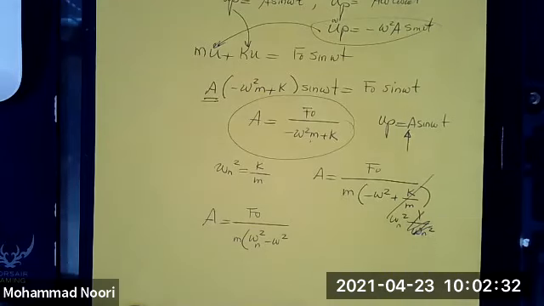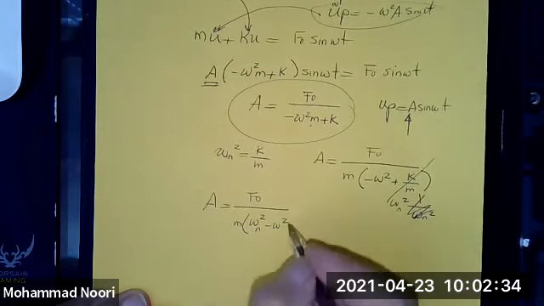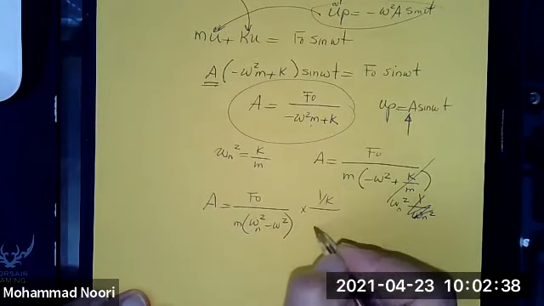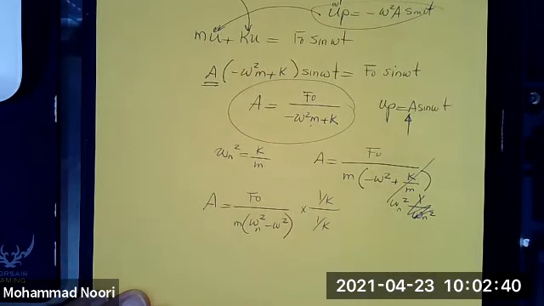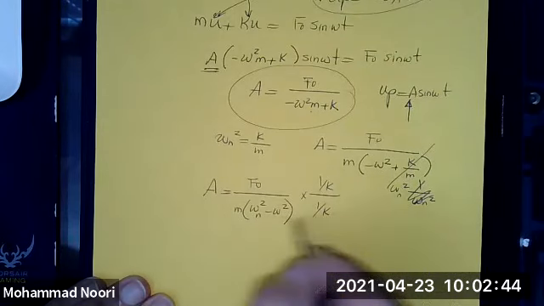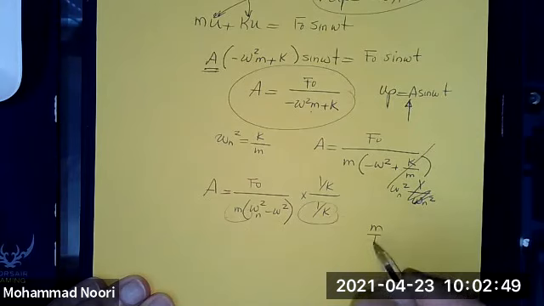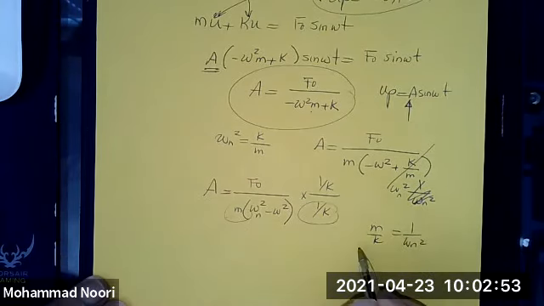So what I will do now, I will multiply the numerator and the denominator by 1 over k. What do you end up with? You end up with m over k. M over k is 1 over omega n squared.